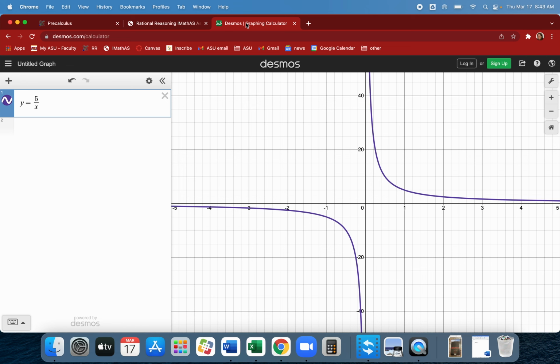So I'll put the positive there to emphasize that, but to the right of 0, we've got values that are headed towards positive infinity. The closer to 0 we get, but stay to the right, the y values are near positive infinity or increasing without bound. As we approach 0 but stay to the left of 0, the y values are decreasing without bound or going towards -infinity.